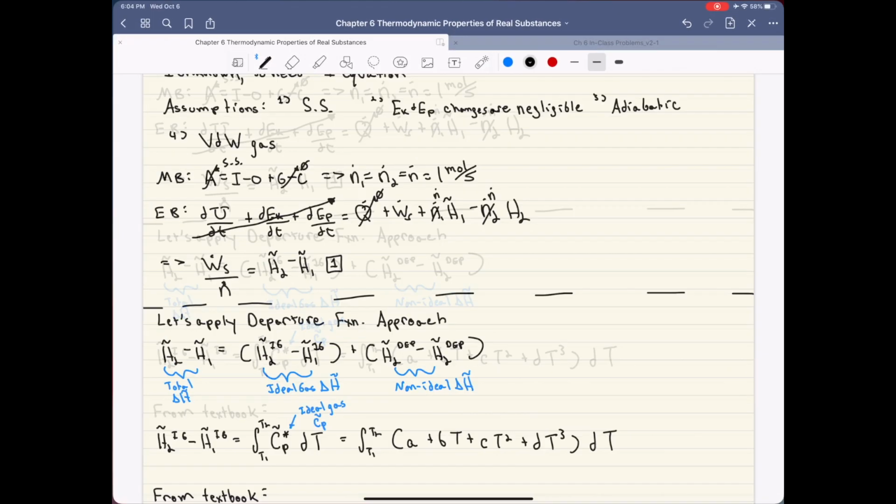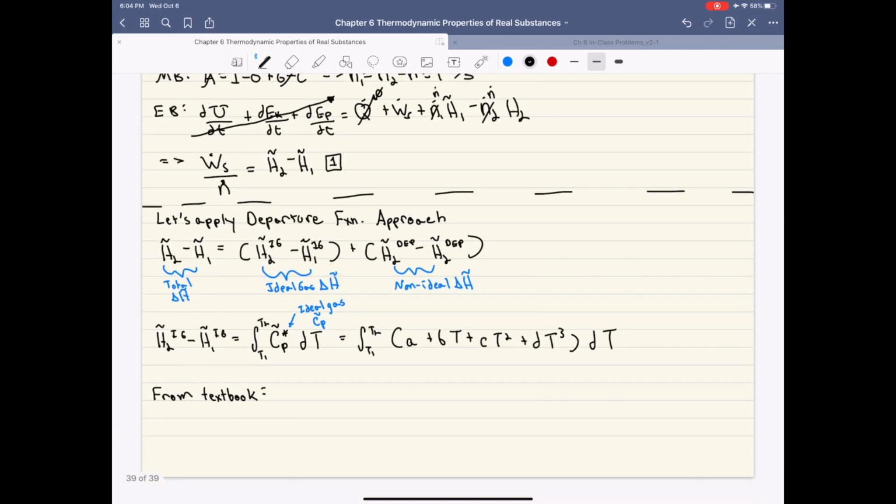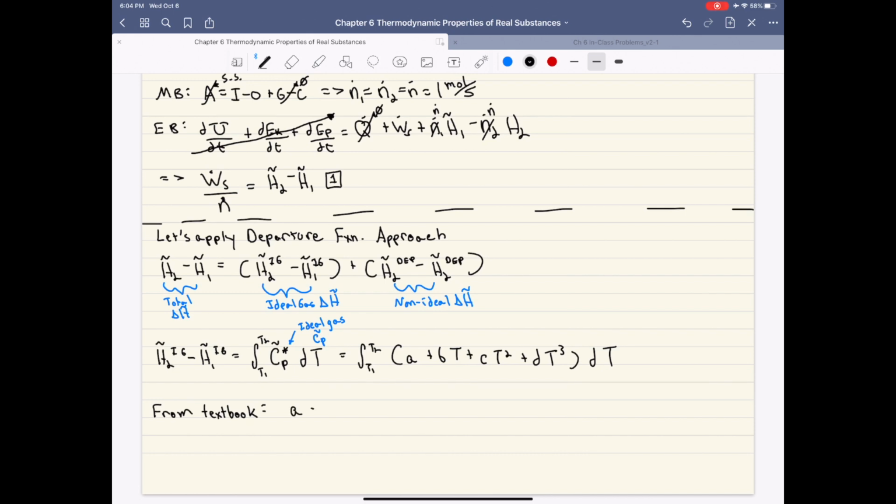In any case, from the textbook, we could write down what each of our parameters are. Make sure you pay attention to the units as well. Typically the difference between each of the coefficients is the superscript on the temperature unit.